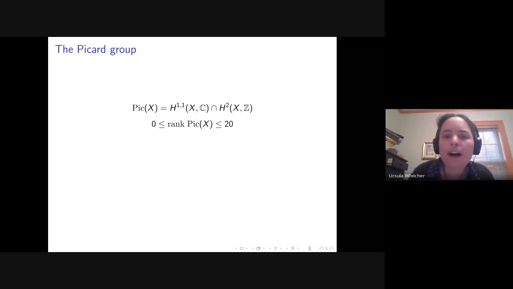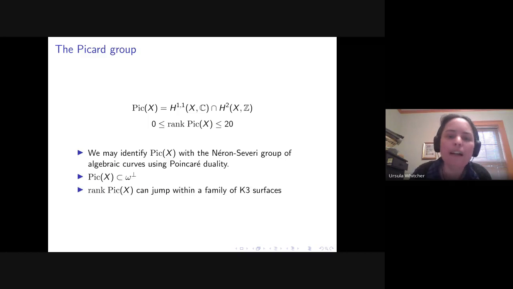Now, the Picard group of a K3 surface has rank between 0 and 20 because it lives both in H^2 with Z coefficients and in this H^{1,1} piece of the Hodge diamond. You can also think of the Picard group as the Néron-Severi group of algebraic curves, just using Poincaré duality.